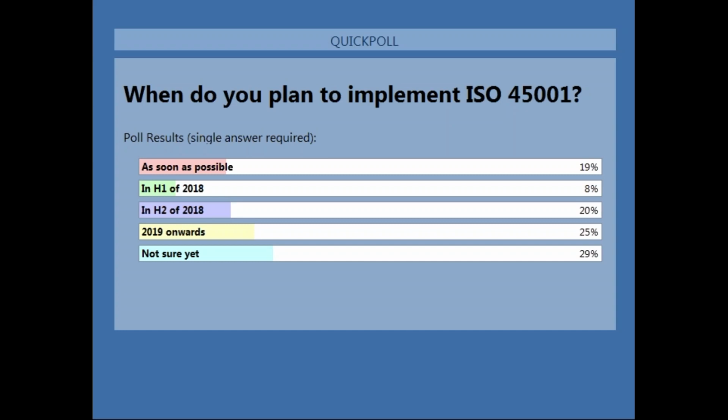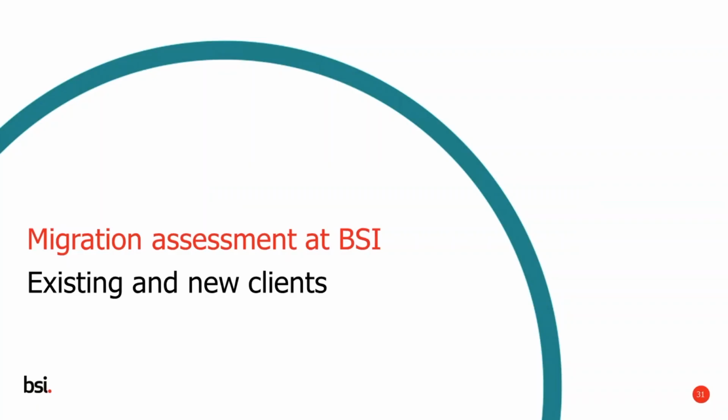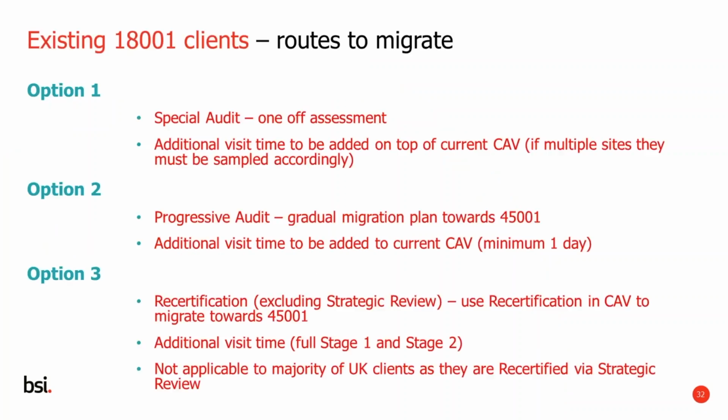Yeah, with that in mind, I'm just going to talk you through the migration assessment process with BSI for existing and potential new clients. So what's going to happen with the 45001 migration from existing 18001 clients is that you've got three options, basically. Option one is that you can undertake a special audit, which is a one-off assessment.